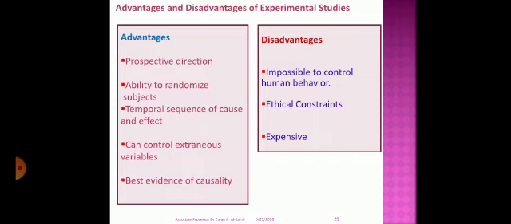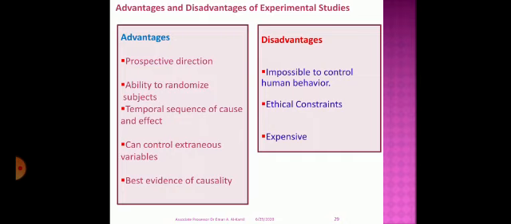So the main advantages and disadvantages, we have already discussed. The advantage is the prospective direction, and the ability sometimes to randomize the individuals, to choose the individuals randomly, and it examines the temporal sequence of cause and effect, the same as in the cohort study.